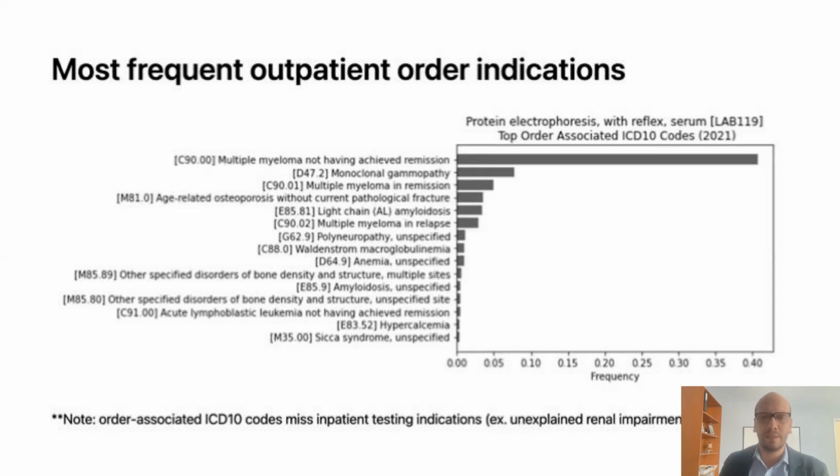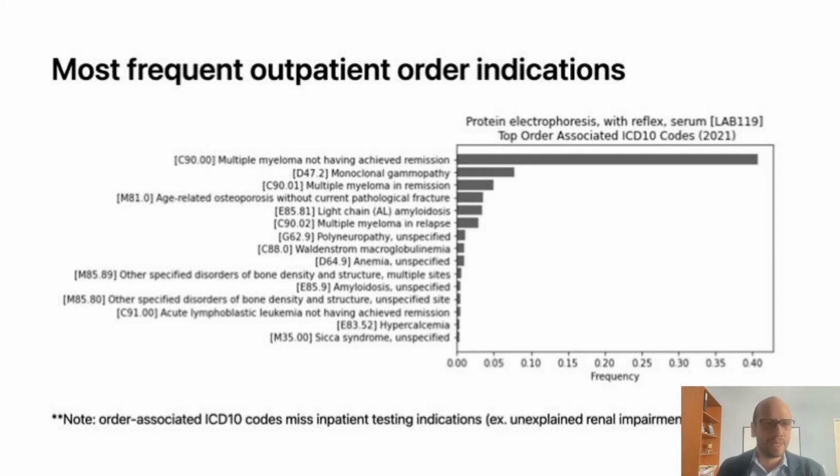Now, it's not reflected in the figure I'm presenting, which is based on order-associated ICD-10 codes that only come with outpatient, where we're missing the inpatient testing indications. Anecdotally, I'll share those tend to be unexplained renal impairment, as well as patients with a noted elevated protein gap.